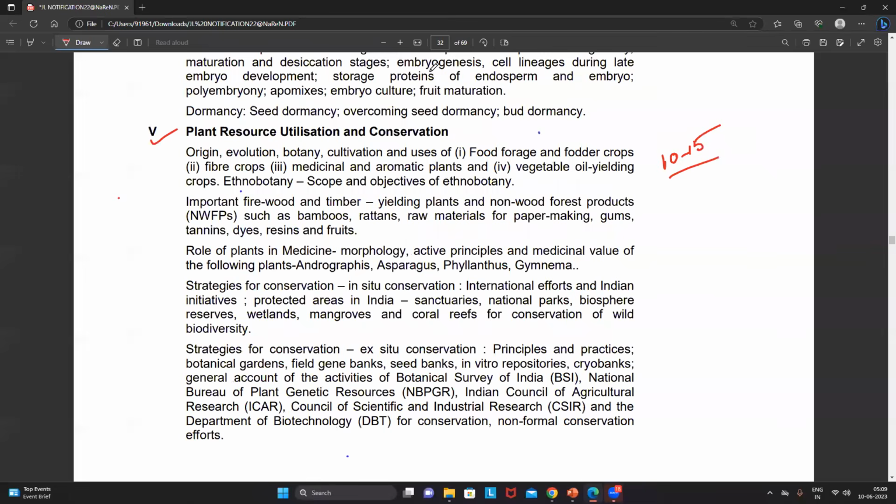You all studied at the MSc level, and some of you teach the same concepts also, but they have not mentioned each and everything here. They have mentioned specific, precise information. So I will provide you the study material exactly along with the syllabus.